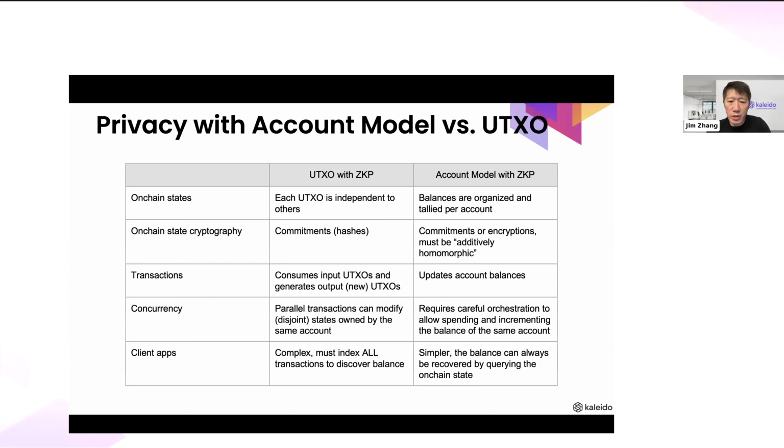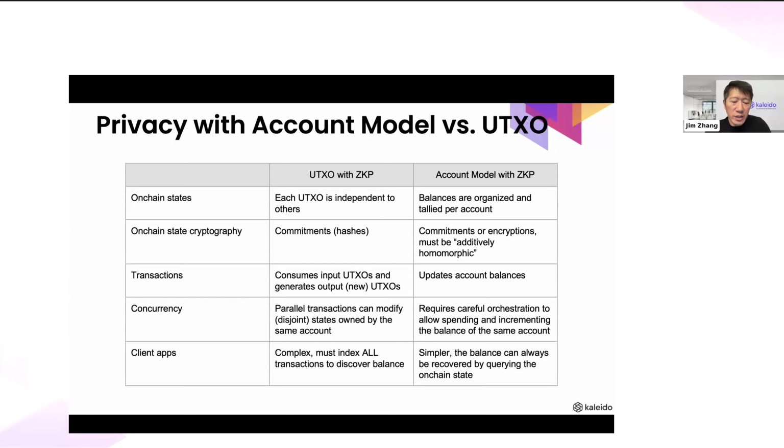The difference between the two is, for on-chain states with the UTXO design, every value is represented as a separate independent state, whereas in the account model, you have accounts and balances. So every piece of state is an aggregated account value that belongs to an account.